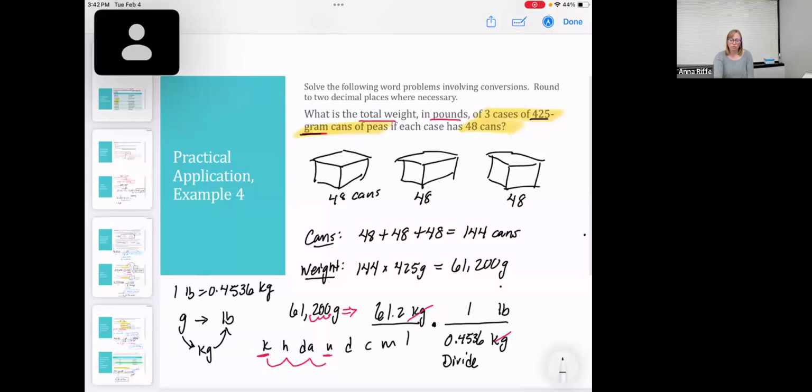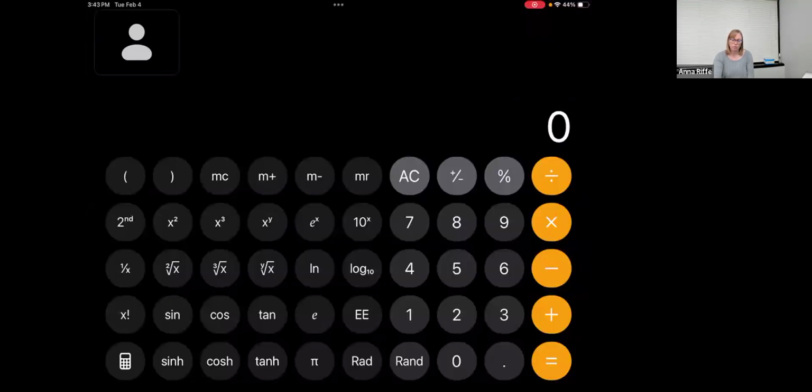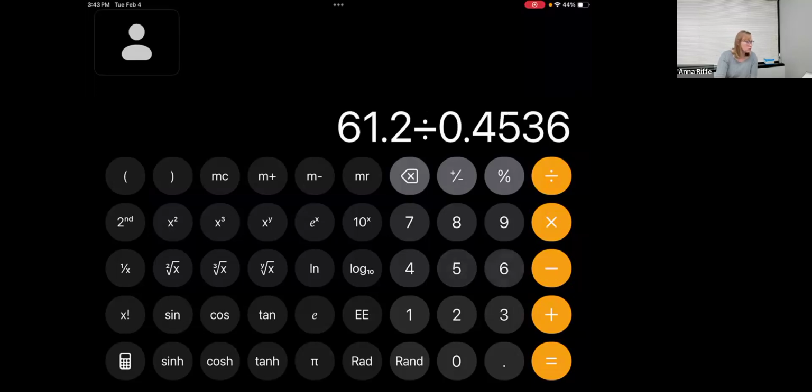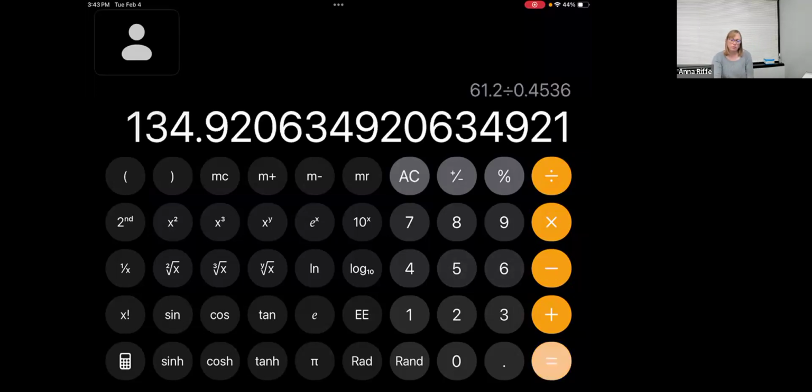61.2 by 0.4536. Let's jump into our calculator. 61.2 divided by 0.4536 gives us 134 point, if we round to 2 decimal places, 134.92 should be the weight in pounds.